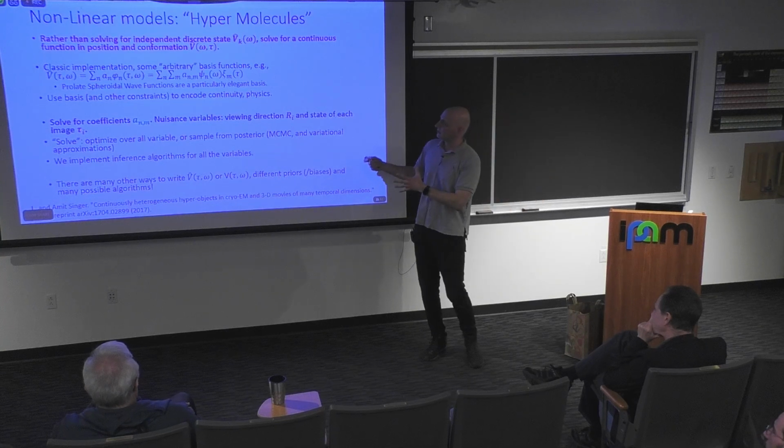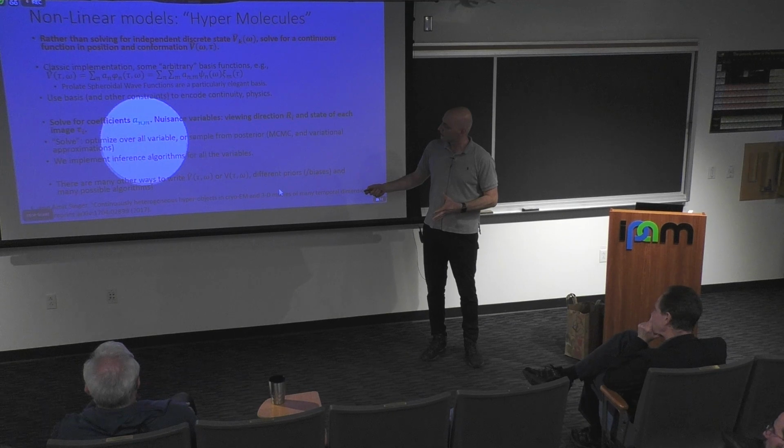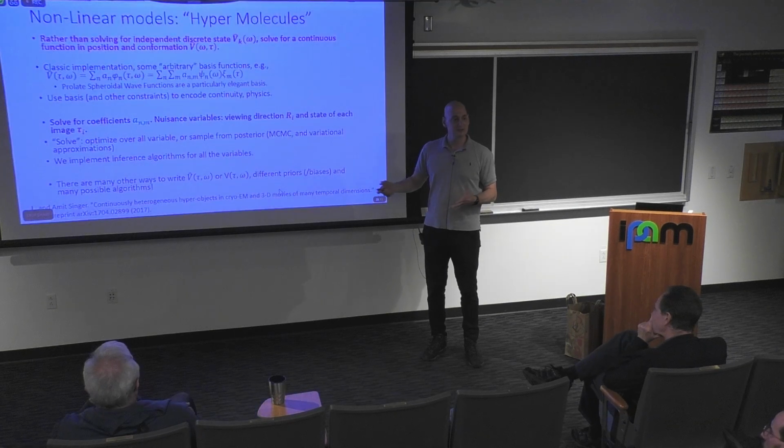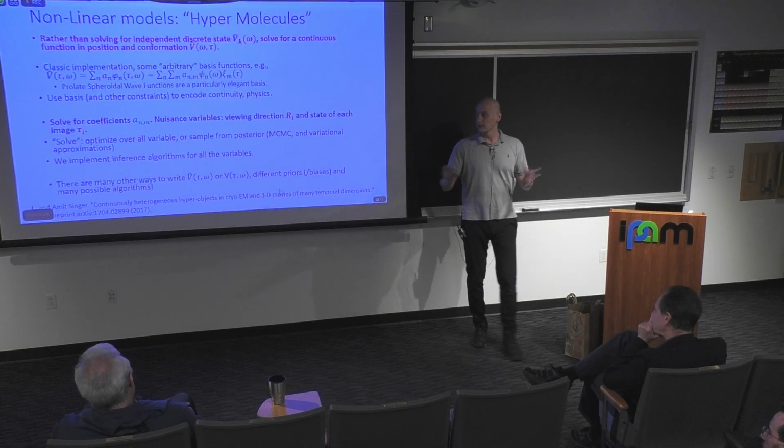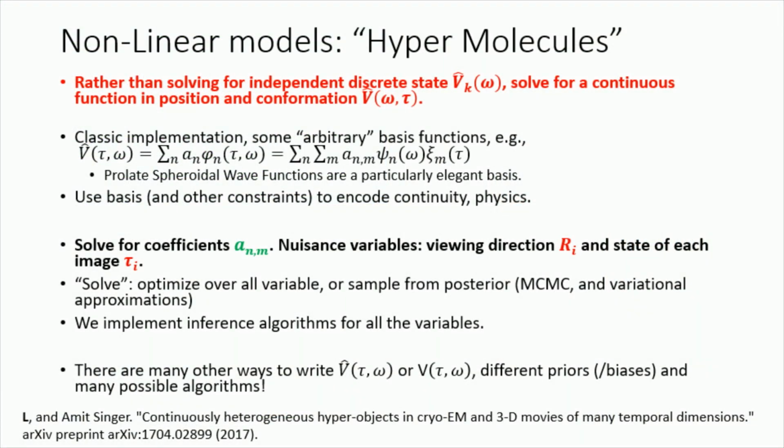And solving this problem means solving the coefficients for this linear combination. And there are these nuisance variables that you want to get rid of, the orientations and the conformation variable.